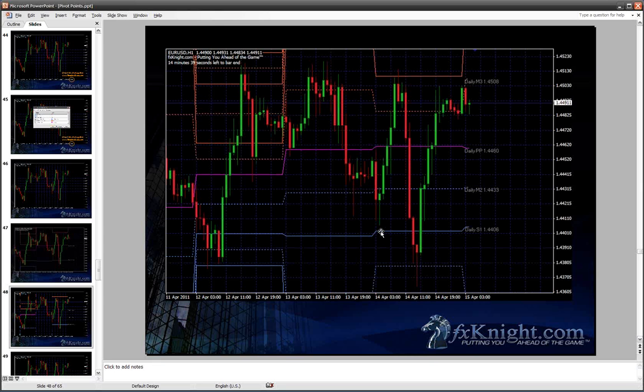Okay? And you can see as the chart unfolds, here's an S1 to an R1. Okay, and this one, you could actually trade back the other way. R1 down to S1. Okay, we did overshoot it, but remember, this is what you're targeting. You don't know ahead of time that you're going to overshoot it.